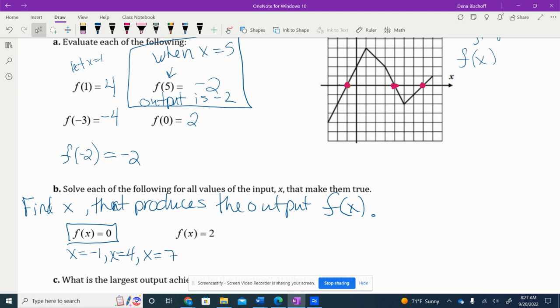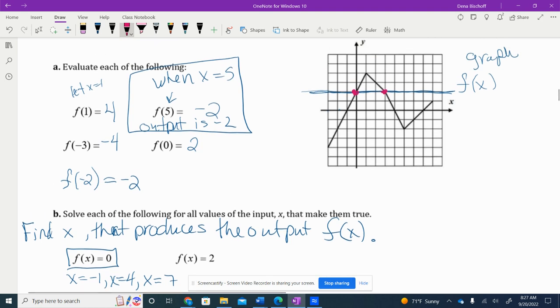So what about if I look at all of the outputs of 2? Let's find all the places where y is 2. It might be easier if you just draw a line across at y equals 2. This is the line y equals 2. So draw your line and then touch the point where the line intersects the graph.